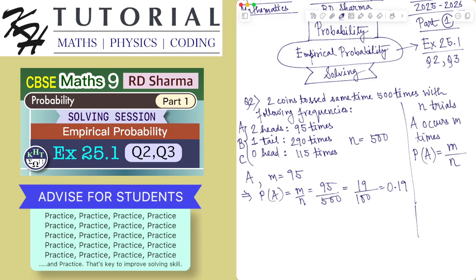Always remember, whenever you are finding the probability of any event in an experiment, the probability is always greater than or equal to 0 and less than or equal to 1. If the probability of A is 0, this implies that A is an impossible event. This event can never happen in that particular experiment.